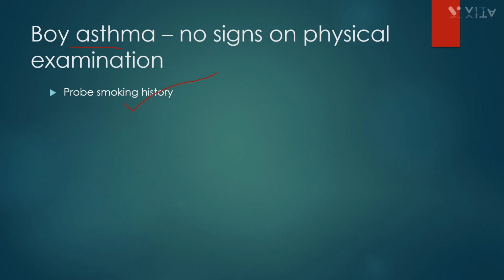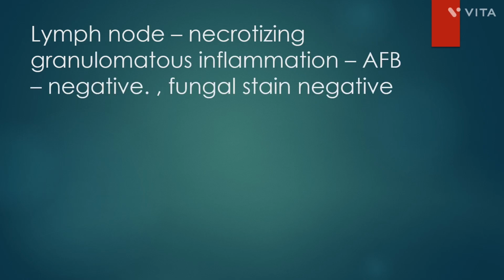So probe smoking history. Now another question where there is a lymph node showing necrotizing granulomatous inflammation in biopsy. The AFB stain is negative. They mentioned the mycobacterial stain is negative, and the fungal stain is also negative.